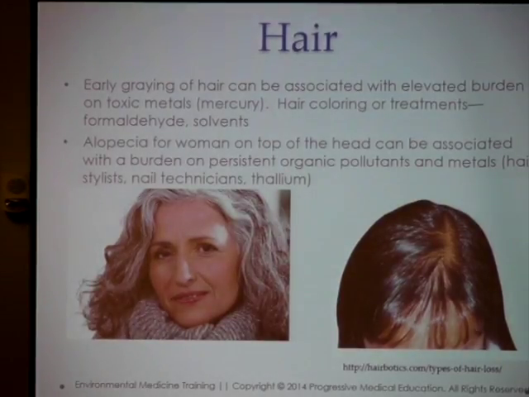How we explain this is that these toxicants compete for certain nutrients in our body, and these toxicants will bind to certain enzymes and make them non-functional. So some of the nutrients that are needed for hair growth are the same nutrients that our body is trying to utilize to help excrete these toxicants out.